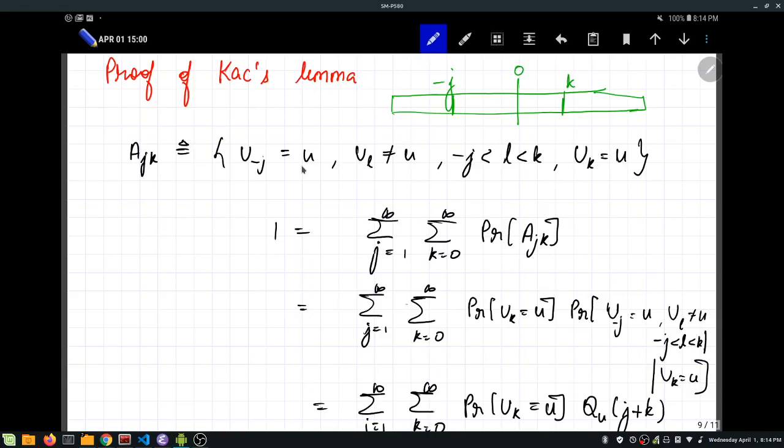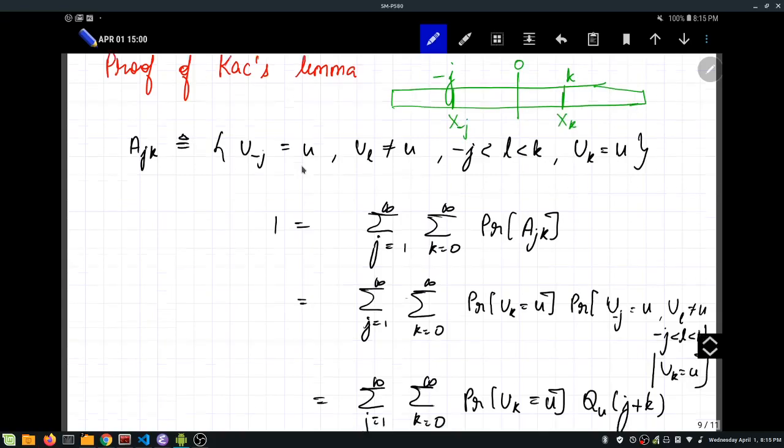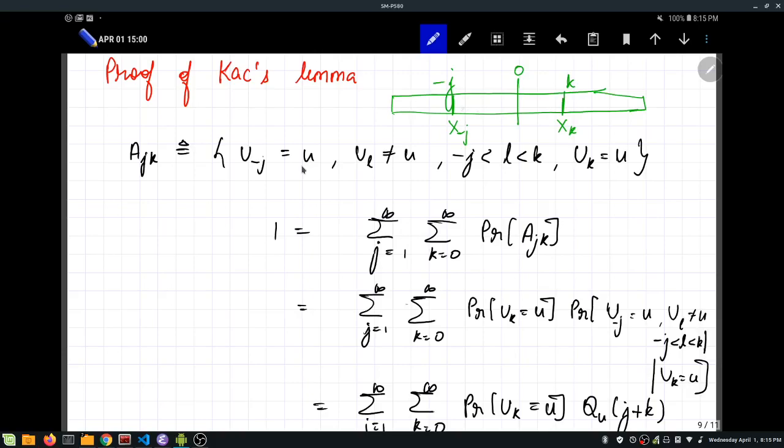So A_jk is the event that X minus j is equal to X_k and none of the symbols between minus j plus 1 to k minus 1 match with X_k. Let's call this U minus j, just to keep notation consistent with what is used in the textbook.